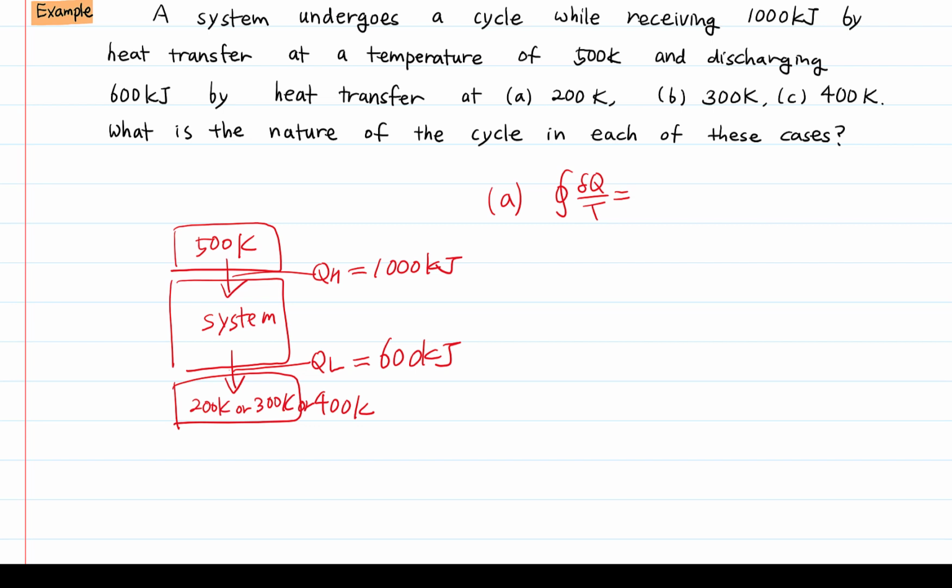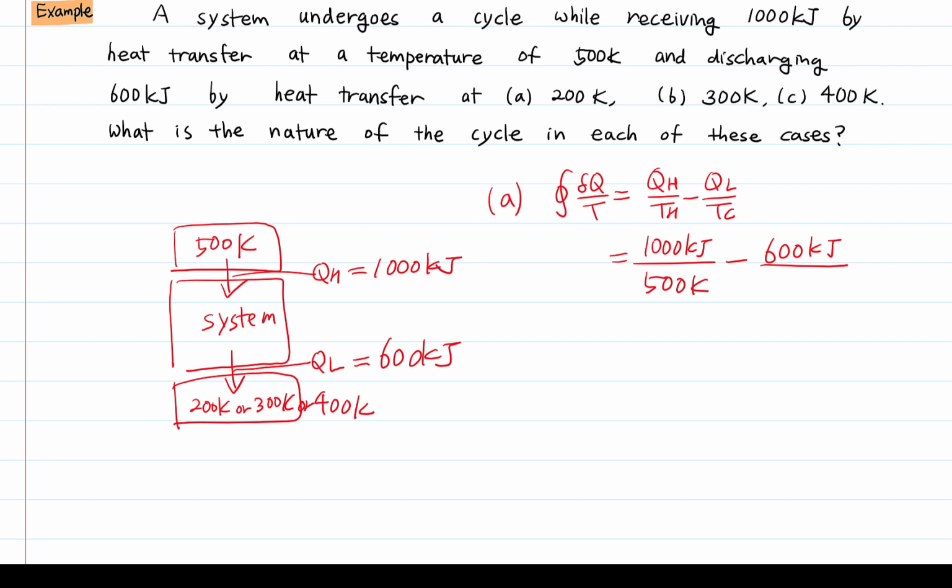So delta Q over T is QH over TH minus QL over TC. QH over TH is 1000 kJ over 500 Kelvin minus 600 kilojoule over TC.